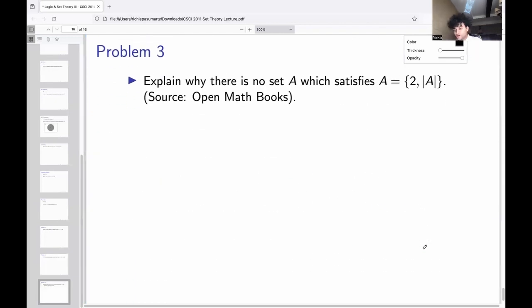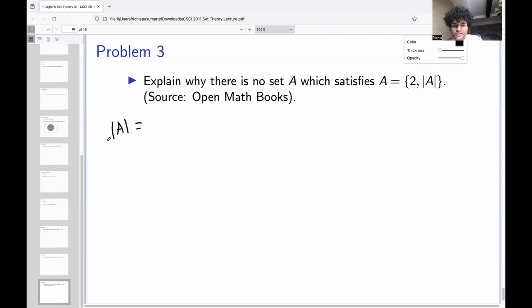All right, here's the last problem. Explain why there is no set A which satisfies A equals the set containing 2 and the cardinality of A. Okay, so here's my thought process on this. This might not be very easy for everybody to see right away, but that's okay. So first of all, let's talk about what the cardinality of a set is.